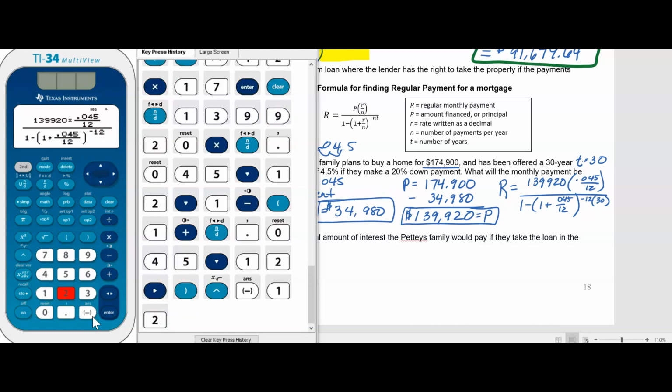Make sure you use the negative key next to the decimal and not the subtraction sign, and then times 30.